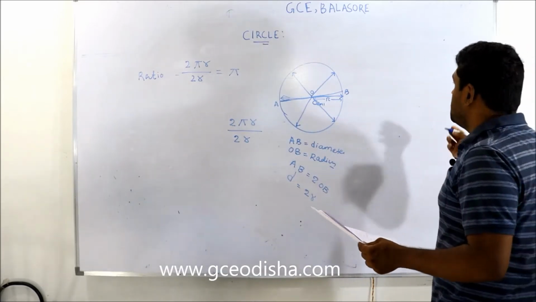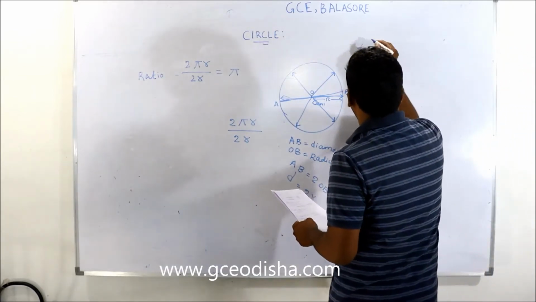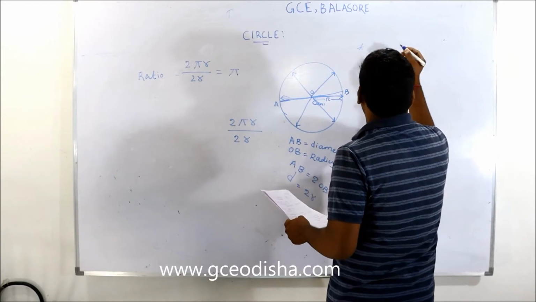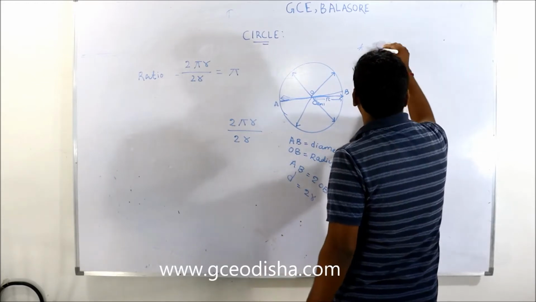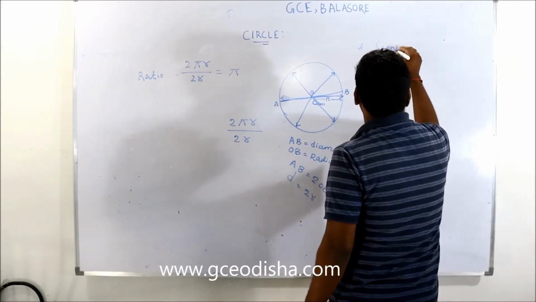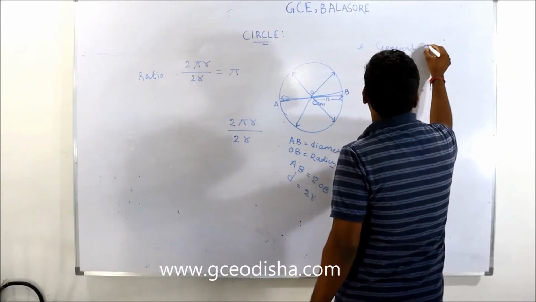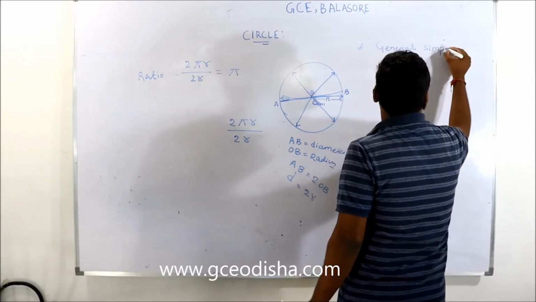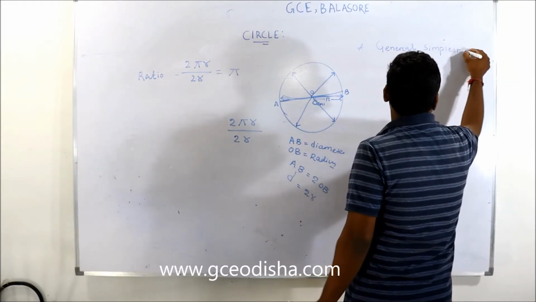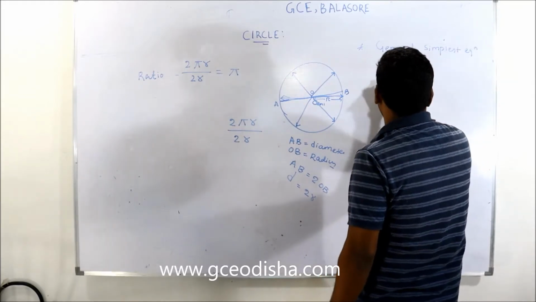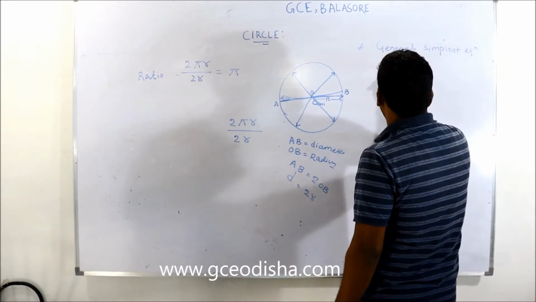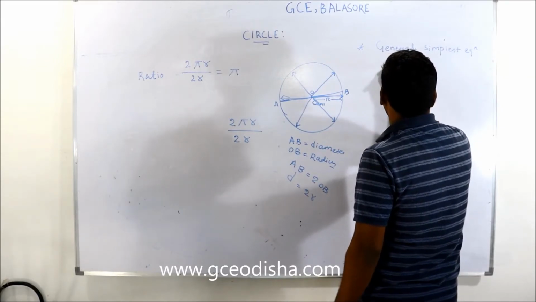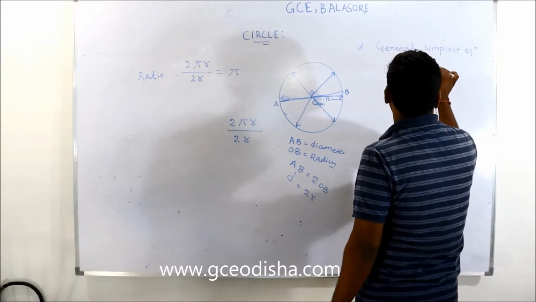Then you go to some basic formulas of a circle. There is a generalized, simplest equation when the center is (a, b) and the radius is r.